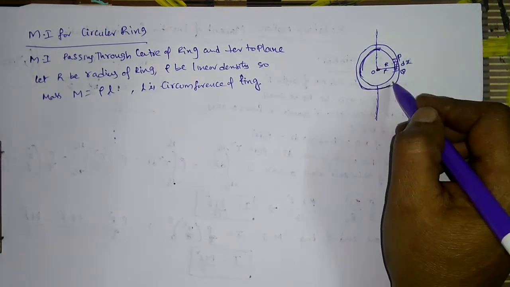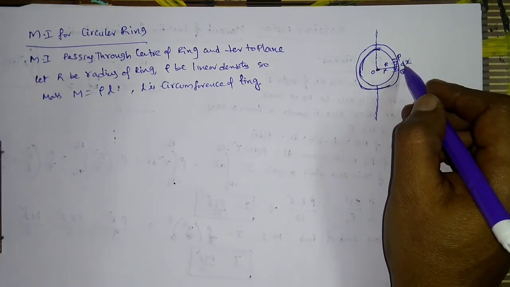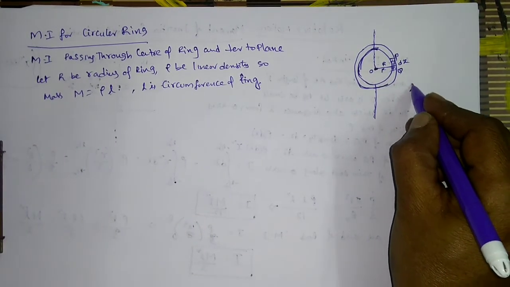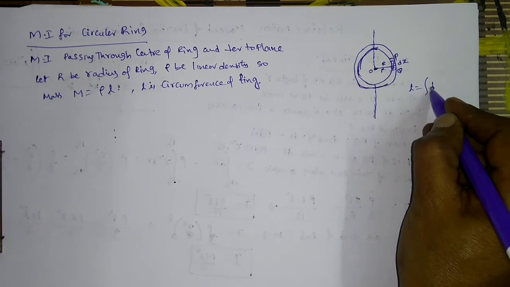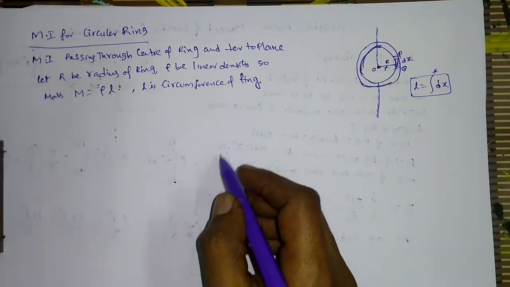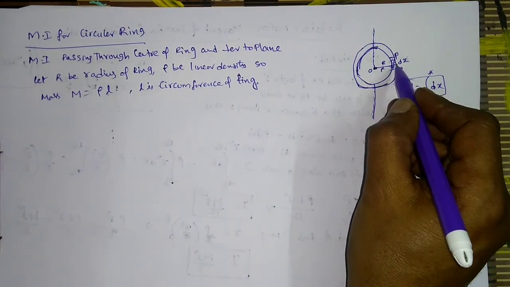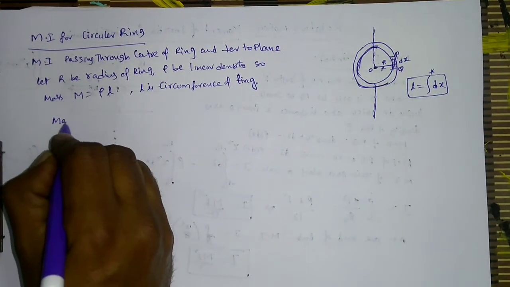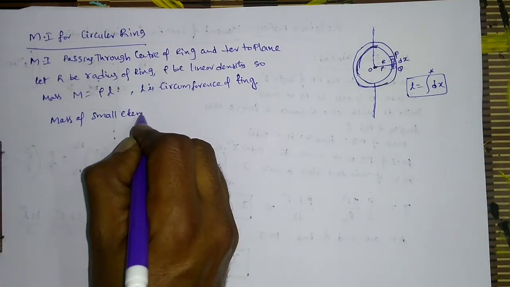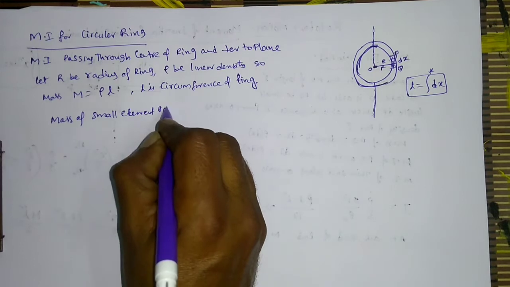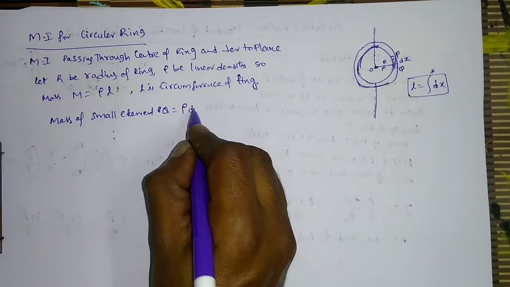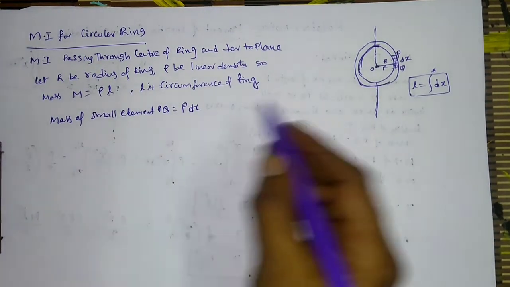That means the circumference is nothing but the integration of dx. So the length of the ring is the integration of dx. Keep this in mind. Now for the small element I would like to determine the mass. The mass of the small element PQ is nothing but density into this distance, that is rho into dx.